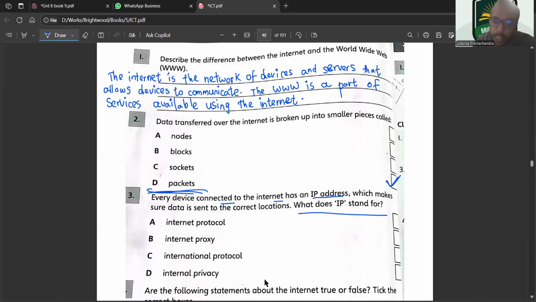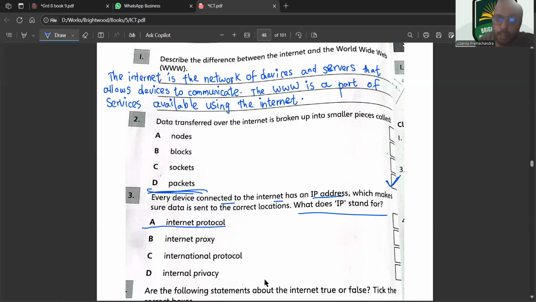What does IP stand for? Internet Protocol? Internet Proxy, no. International Protocol, no. Internet should be there. Internal Privacy, no. What should be there? It should be Internet Protocol.